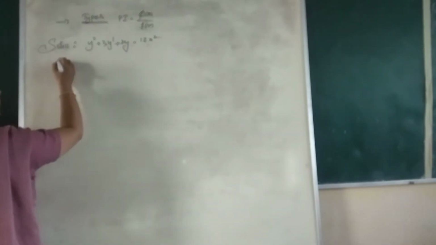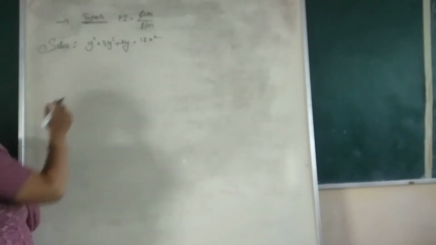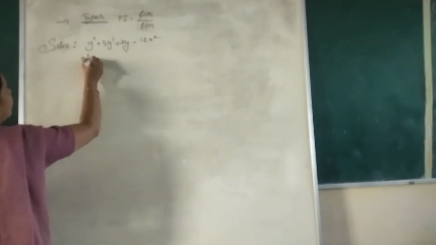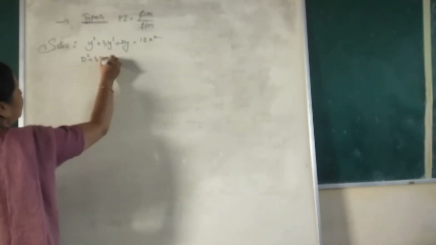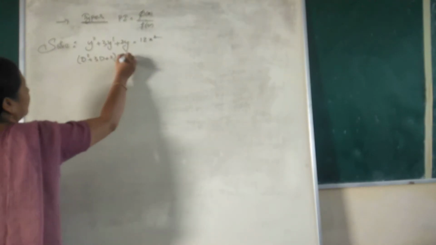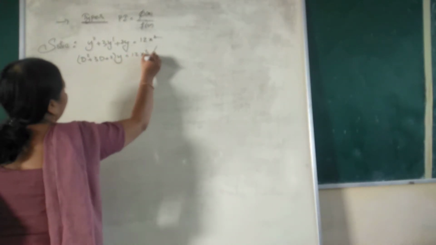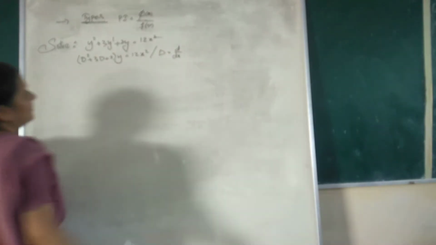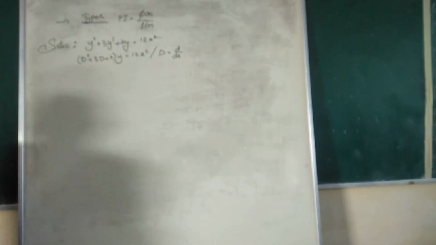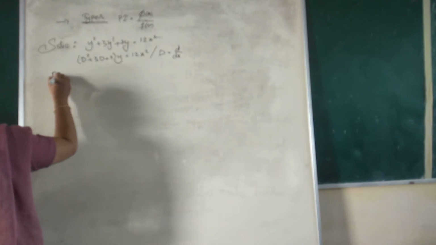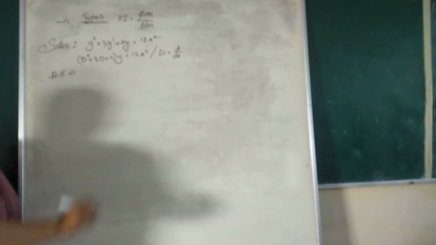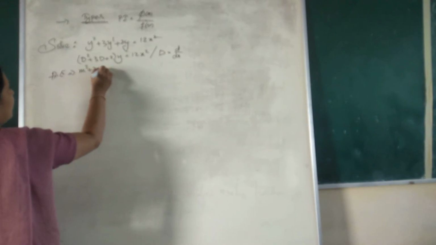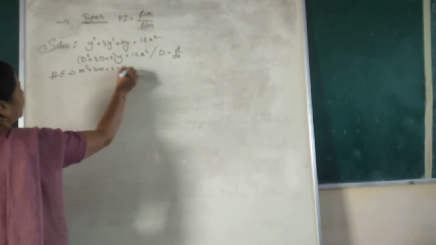The initial step is to put the given equation in operator form. Applying that, (D square plus 3D plus 2) times y is equal to 12x square, where capital D is equal to d by dx. Going to the next step, the auxiliary equation states f of m equals 0, so m square plus 3m plus 2 equals 0.